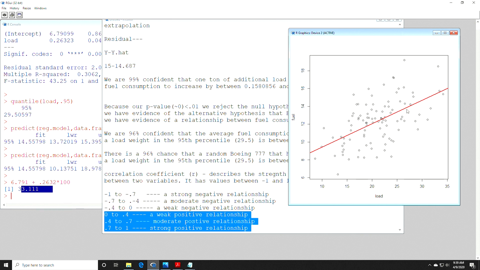But besides the slope being positive versus negative versus 0, the slope does not relate to the strength of the correlation. That only determines whether the correlation is negative, positive, or 0, not correlated.